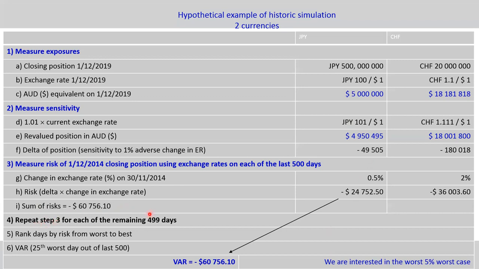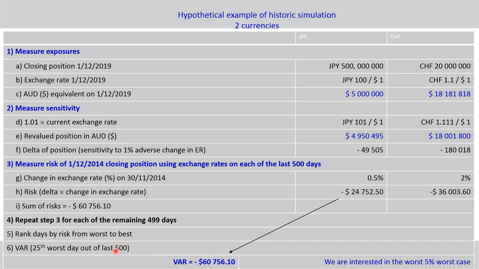Now you repeat step 3, which is this step, for the next 499 days. So you will rank the days by risk from worst to best, as I told you, and then you will take the VAR, which is the 25th worst day of the last 500. This is actually 5%.